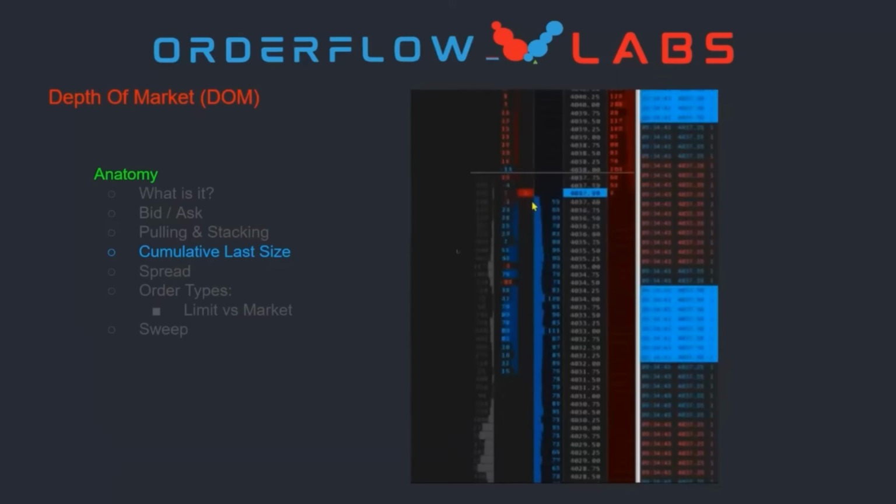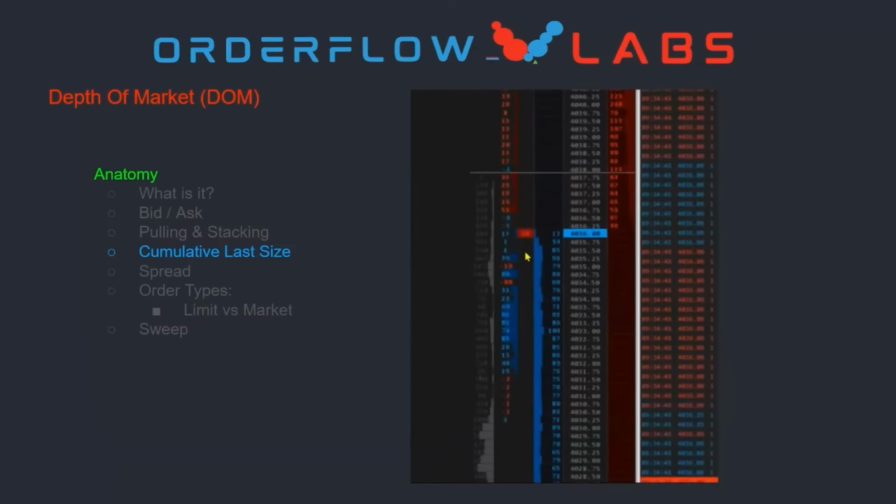And so there's different ways to organize DOMs in general. The more columns you have does not make you better at reading it. In this here, you can see a very naked sense of this, having the pull stack, the cumulative last size, the raw DOM itself, and a volume profile. Now, the cumulative last size can be offset in visualizing a resetting delta that is occurring. And that, based upon your provider or your software, you can have it showing delta that's refreshing every number of ticks or version and so forth.